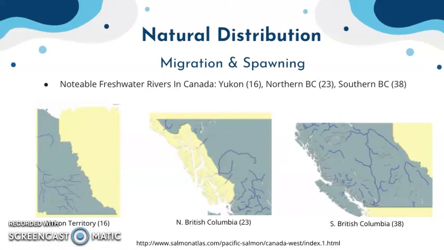The ones seen here are just the major ones identified on salmonatlas.com, but they are present in 1,300 to 1,500 streams and rivers in BC. They are also present along the coast of Alaska, but we are only concerned with salmon in Canada during this presentation.